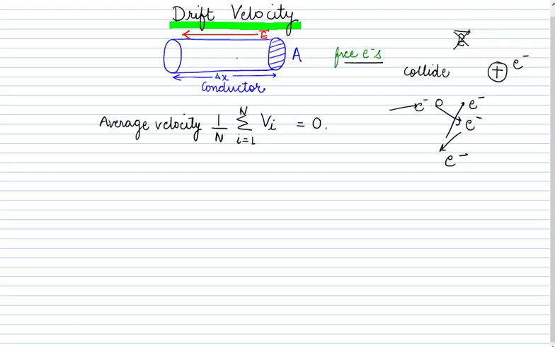Now when the electric field comes into the picture, there is a driving force. Initially the electrons were moving randomly, but now there is a directing force. What is the directing force? This electric field is creating the directing force.